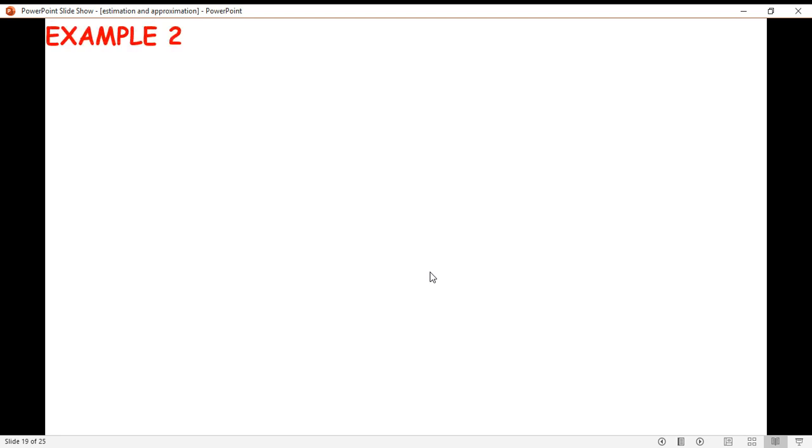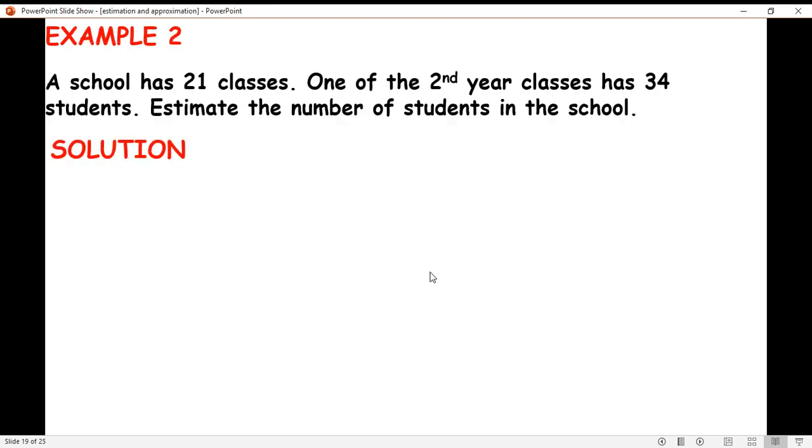Now, let's look at the next example. In this example, we're told that a school has 21 classes. One of the second year classes has 34 students. Estimate the number of students in the school.